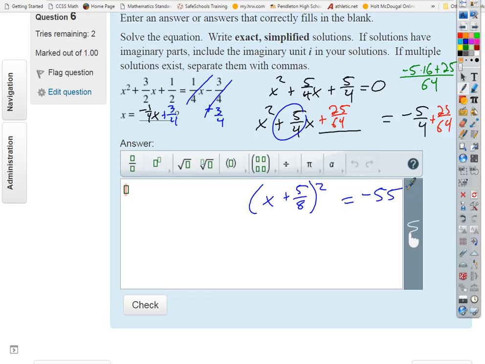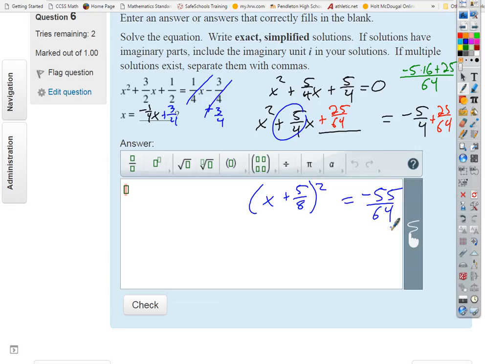Did I do all that right? I'm hoping I did. Multiply by 16. So yeah, that looks good. Okay? Whoops, and that's over 64.